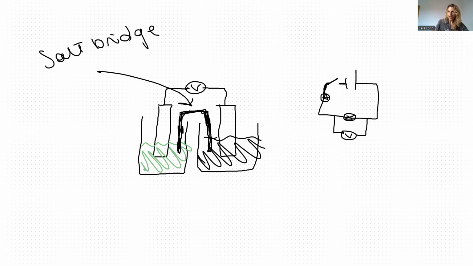What the salt bridge does is it's a tube of unreactive ions that can move between the 2 solutions. So they don't interfere with the reaction, but they complete the circuit.